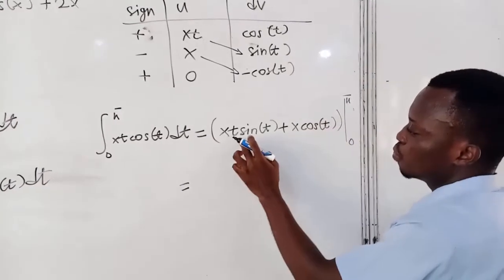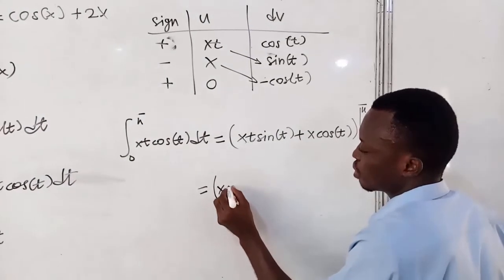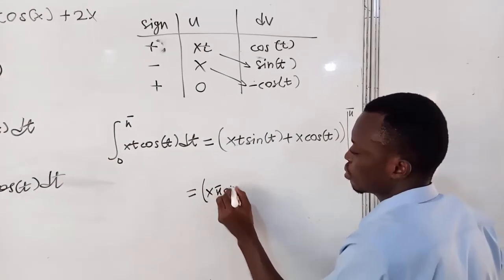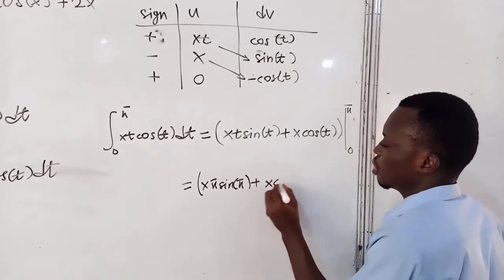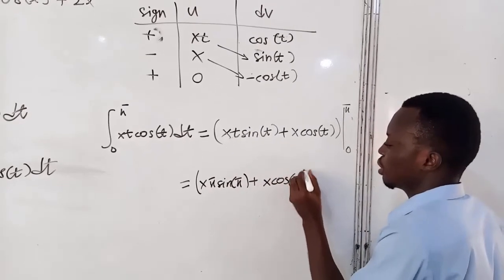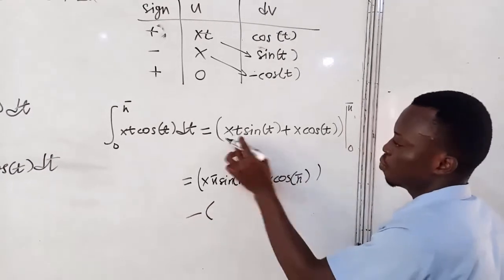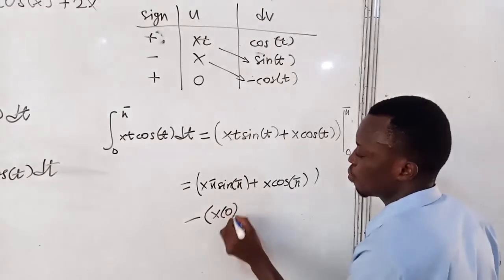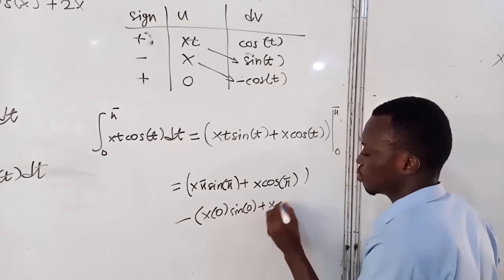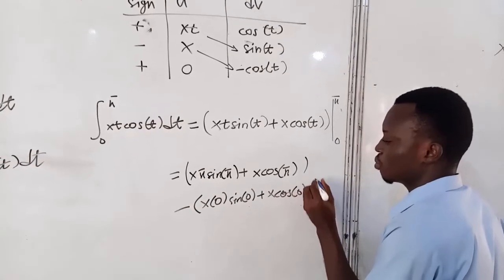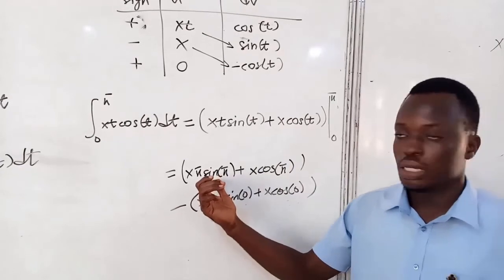Wherever you see t, you replace it by what? Pi. You're going to have s pi sin pi plus s cos pi, minus, wherever I see t, I replace it with 0. We know that sin pi is 0.